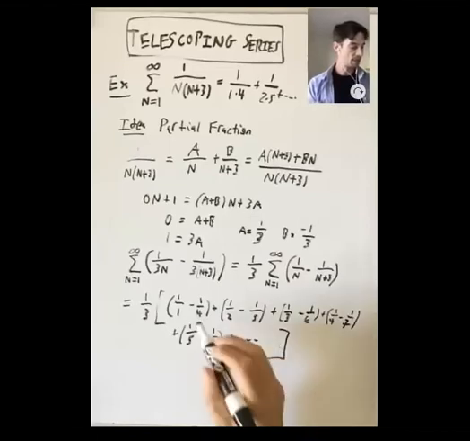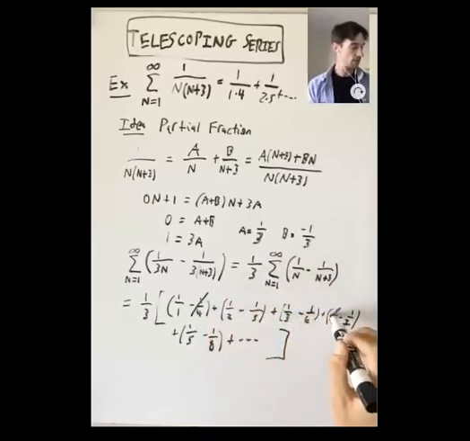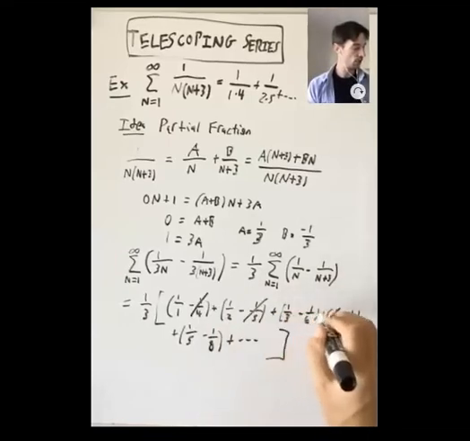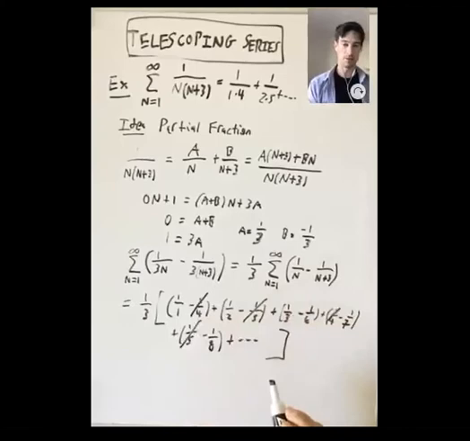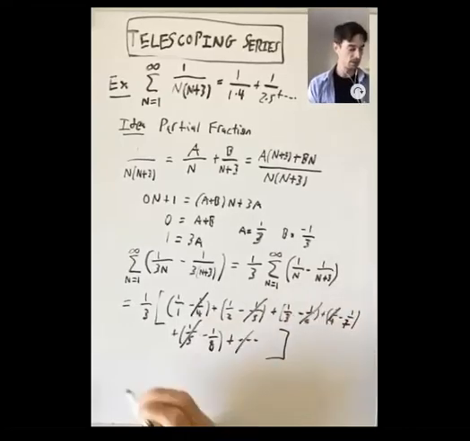So what happens is this minus 1/4, 3 terms later, cancels with a plus 1/4. This minus 1/5 cancels 1, 2, 3 terms later with a plus 1/5. This minus 1/6 cancels 3 terms later with a plus 1/6.